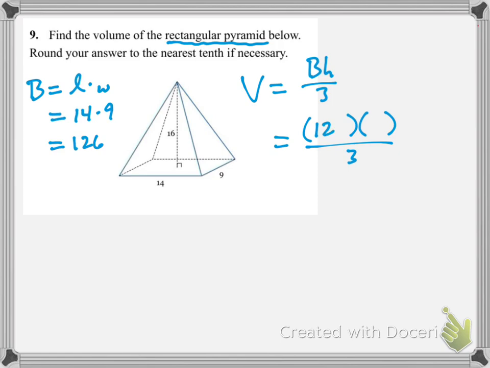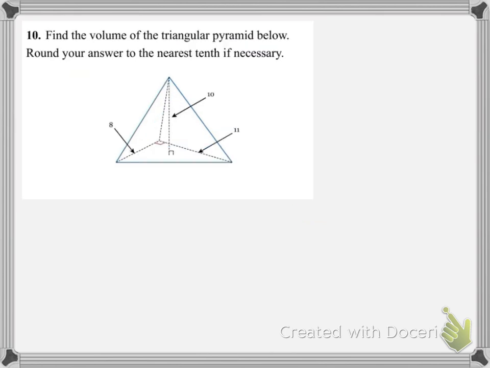So 126 goes in for capital B. There's my height. So I put that all in the calculator, and I get 672. Same type of problem, plug and chug. They just gave us a picture instead of just saying it in words.